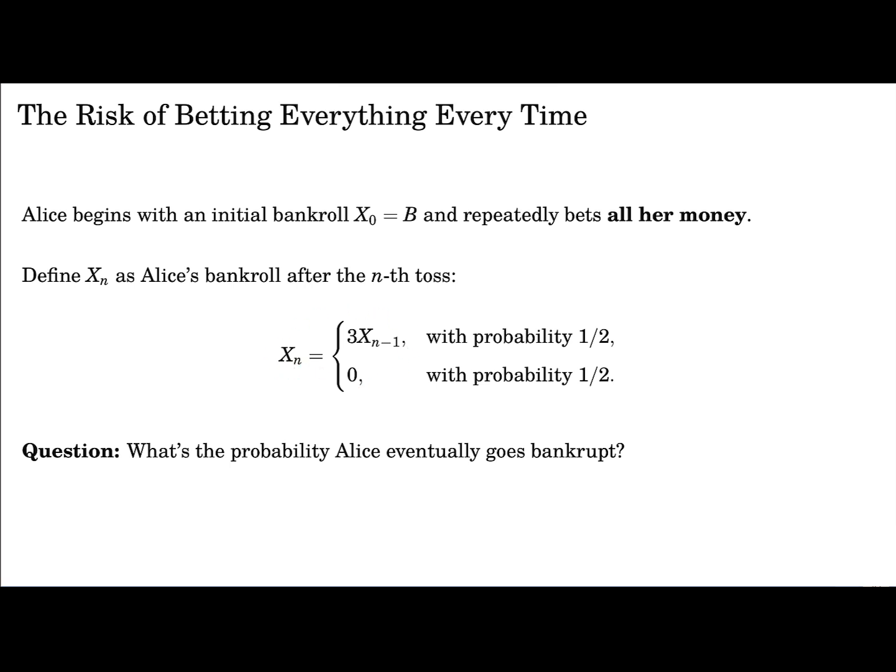What is the probability of Alice eventually going bankrupt then? Let's look at that. Alice goes bankrupt if she ever loses once. After n rounds, the only way she is not bankrupt is if she won every single one of those n rounds. Let's write this out.